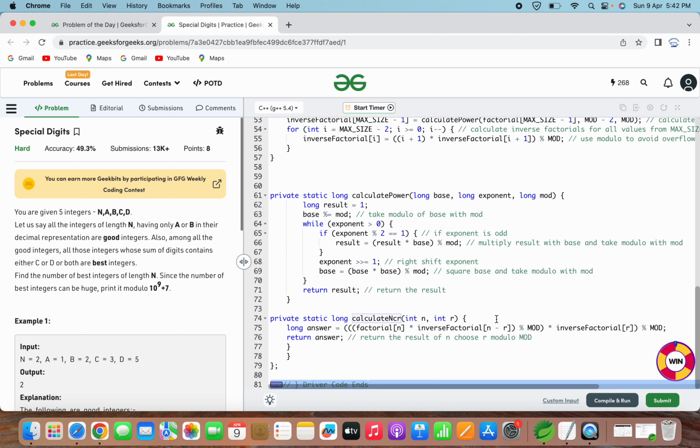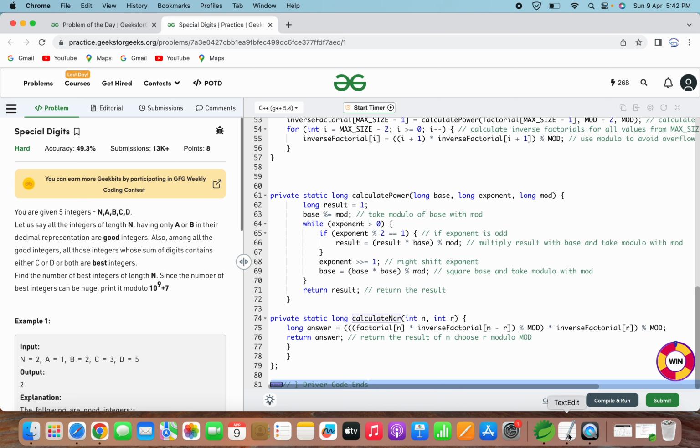Okay. In the context of this problem, to calculate the value of NCR, we can compute the factorials of all the numbers up to max size and their inverses and store them in an array. The inverse factorial array is used to store inverse factorials. The array is used to calculate the denominator of the NCR formula, which is r factorial into n minus r factorial.